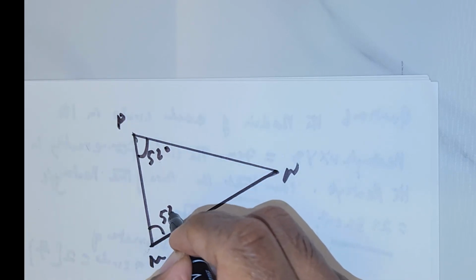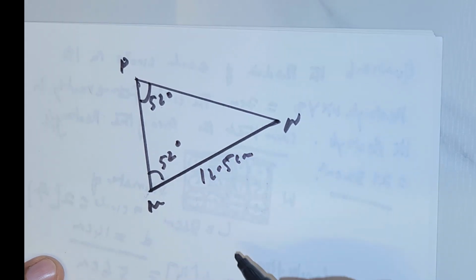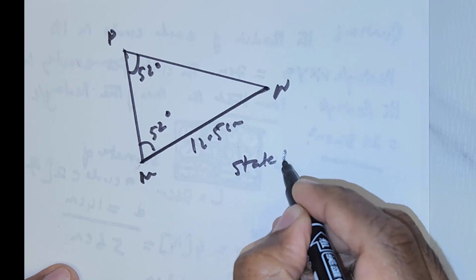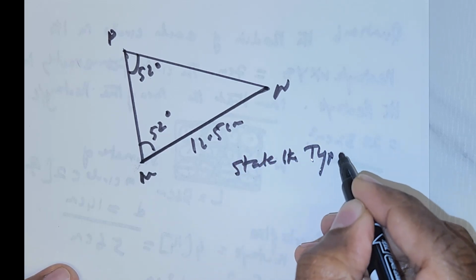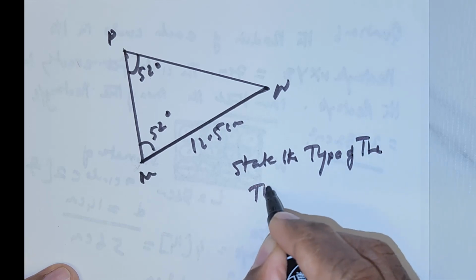This is also 52 degrees. This is 12.5 cm. Now they are asking us to state the type of the triangle.